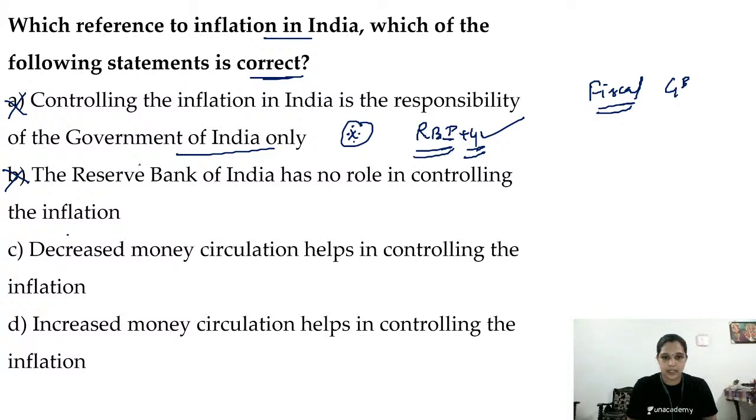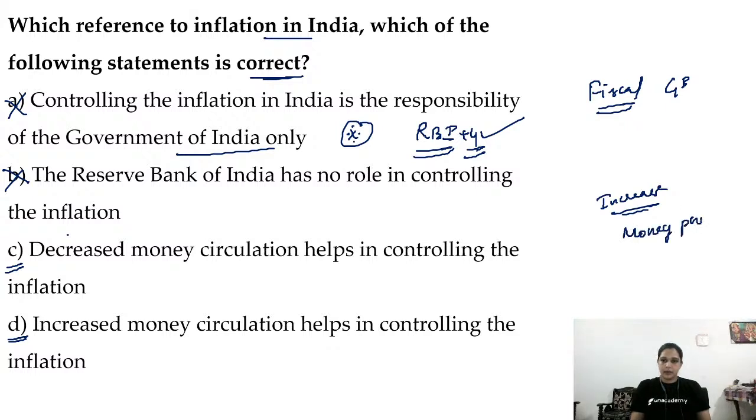Decreased money circulation helps in controlling the inflation. Okay, let's keep it. Increased money circulation helps in controlling the inflation. See, when you increase the money circulation, we call it money pumped into the economy. When money is pumped into the economy, what happens? The money will start increasing the purchasing power of people. Purchasing power increases, the demand increases.